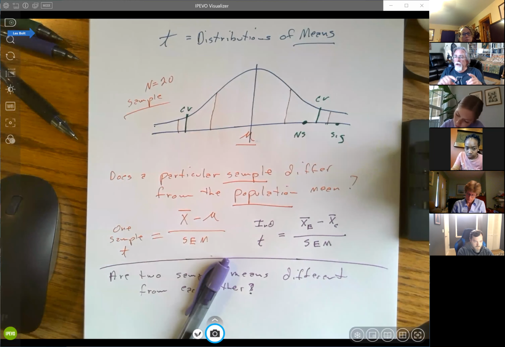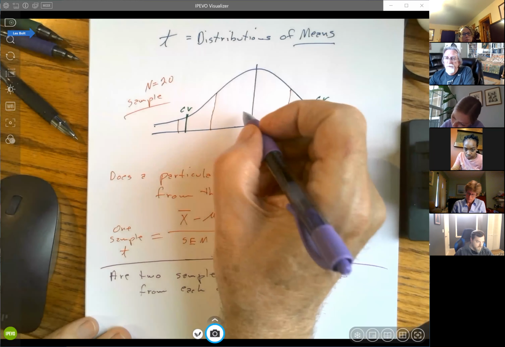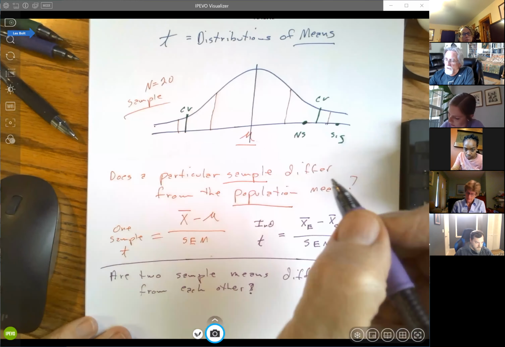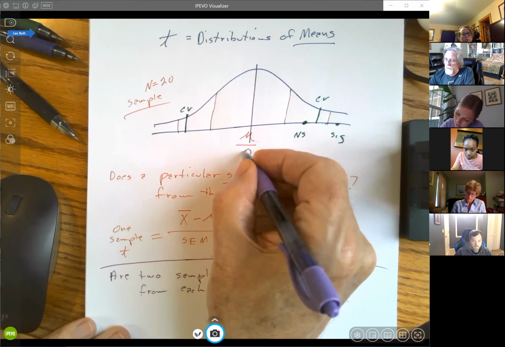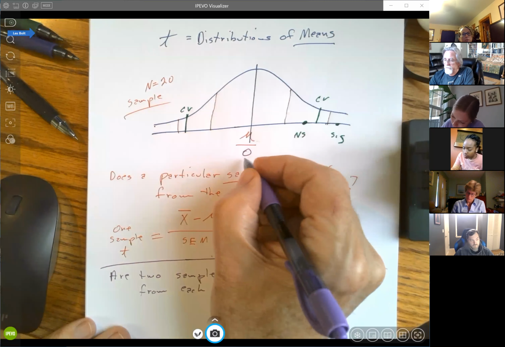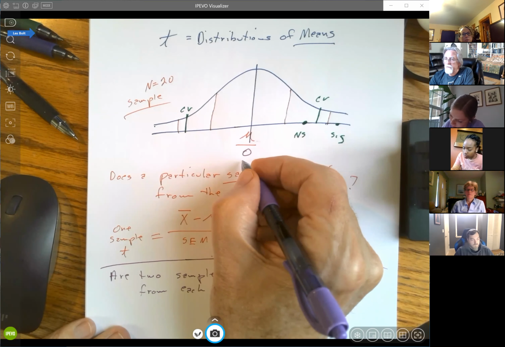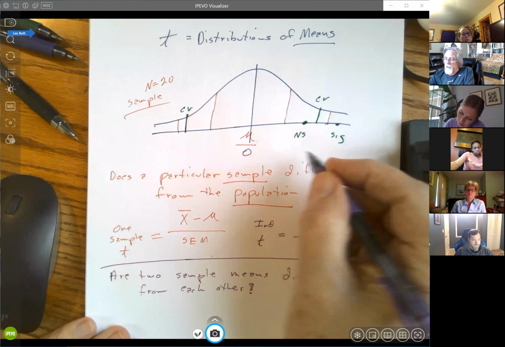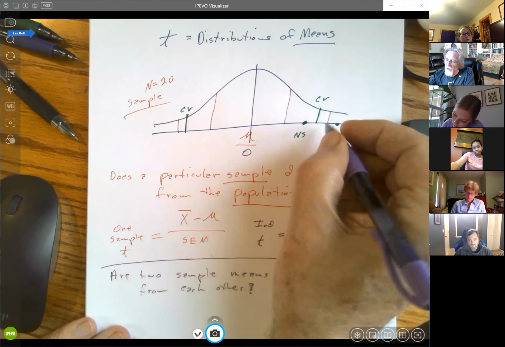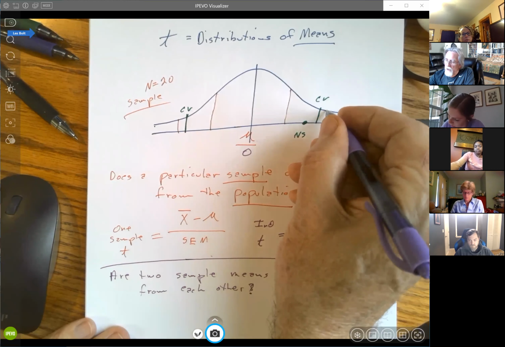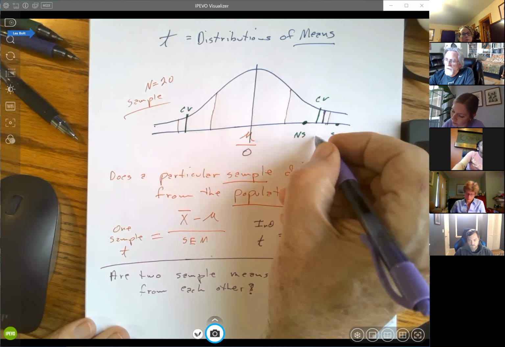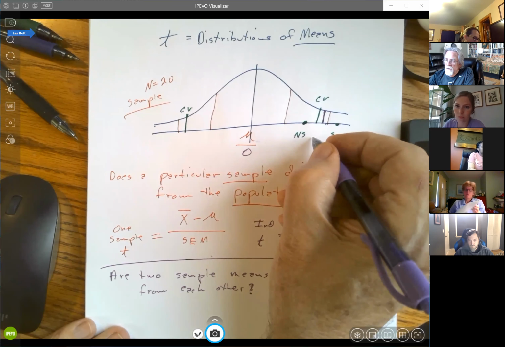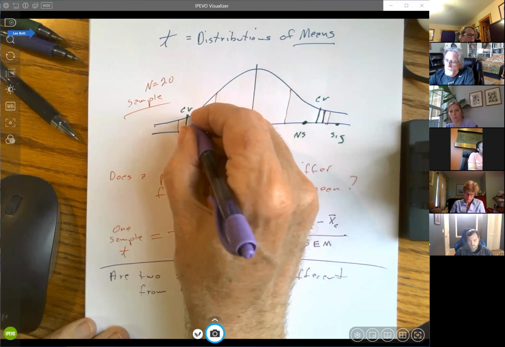And so in that regard, this midpoint here becomes zero difference. And the critical values then become, at what point is it 95% different?